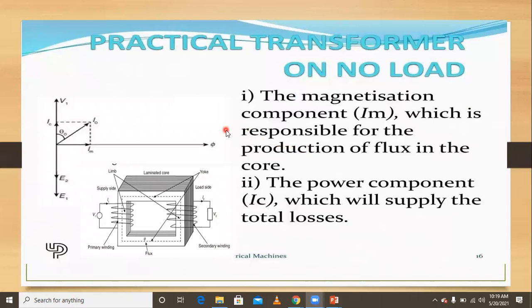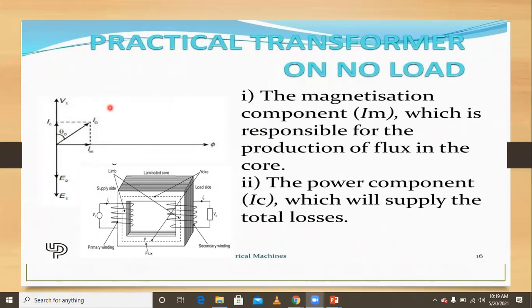Then coming to the practical transformer on load. This is the phasor diagram of the transformer.